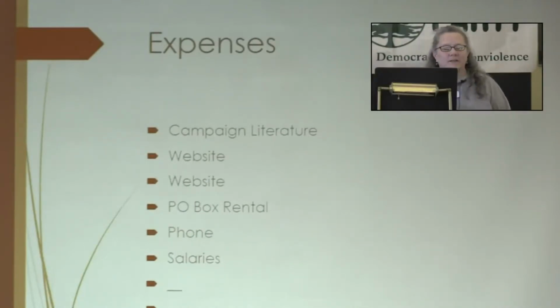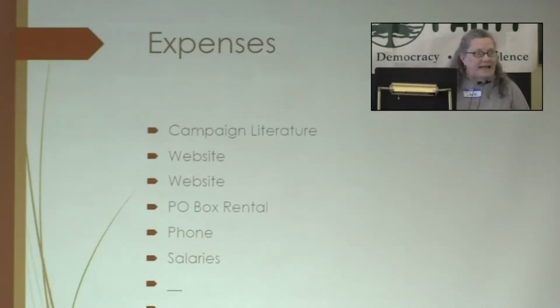Here are some ideas about some of the expenses. Maybe you won't have to do a website twice. I don't know why I got website twice up there. But maybe you do. Website and Facebook, that probably was what I was thinking. But you are going to have some online presence. If you're a larger campaign, a statewide campaign, you may very well want to get a P.O. box and not have all of those checks coming to your treasurer or to your own house, which some local offices do.